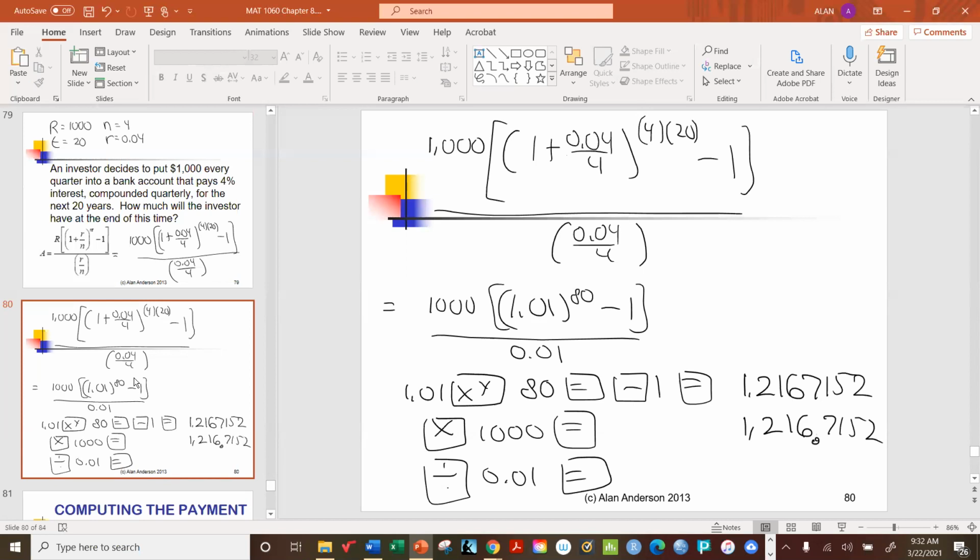And then when I divide that by 0.01, I should get my final result, which you will round to dollars and cents, 121,671.52.